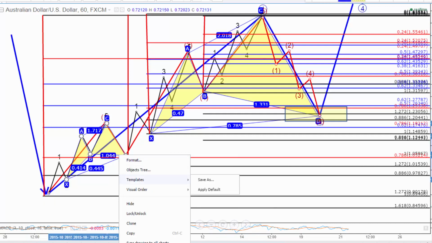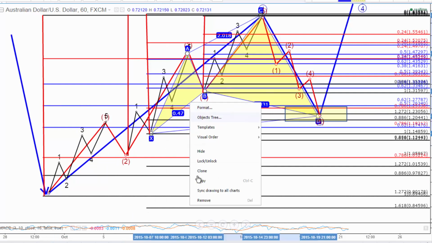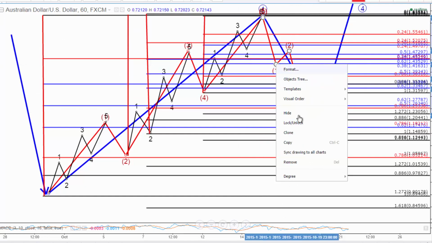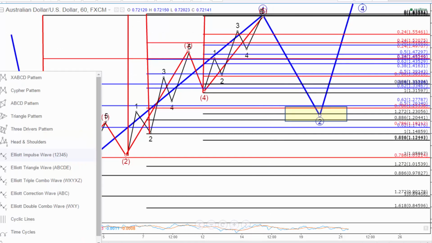Let me get rid of the harmonics, we're not needing this at the moment. When the markets form these patterns, you may get a big retracement like this, or you may get something like this. It all depends how they come off the high. You may get something where the market wants to do a corrective wave, and I'll show you what we mean.